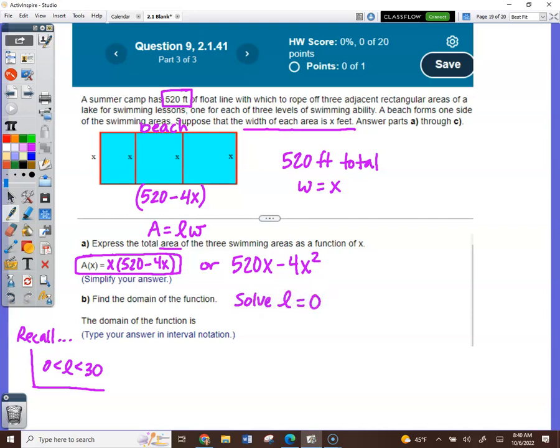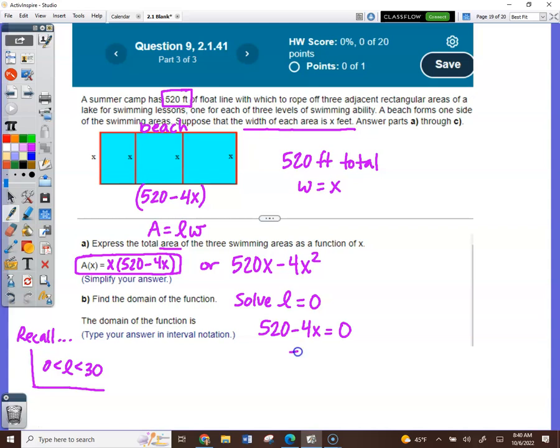Take your expression for the length, which is 520 minus 4x, set it equal to 0 and solve it, because you're trying to find out what is the smallest amount that x can be in this problem. And since we have 4 widths, that's why we have to set this equal to 0 and solve.